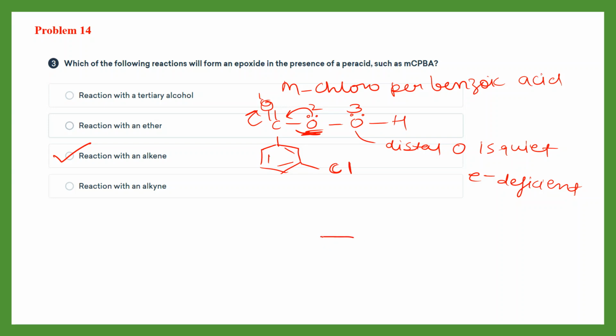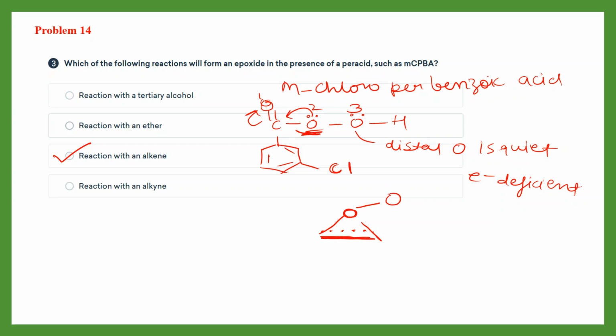And we know that our olefin is electron rich. It is having electron density here. So it is going to coordinate with this oxygen. Which oxygen? This electron deficient oxygen.